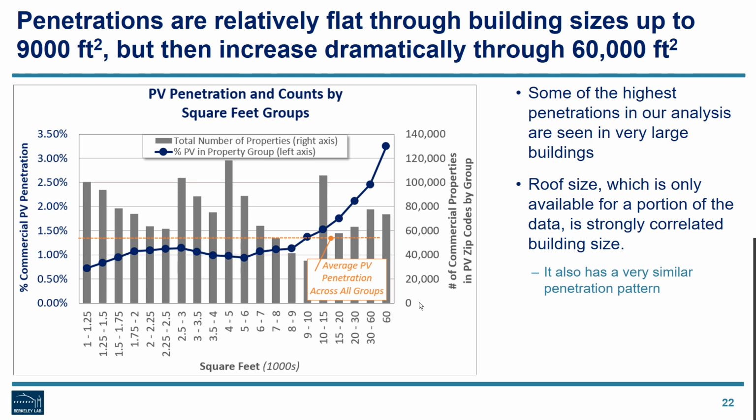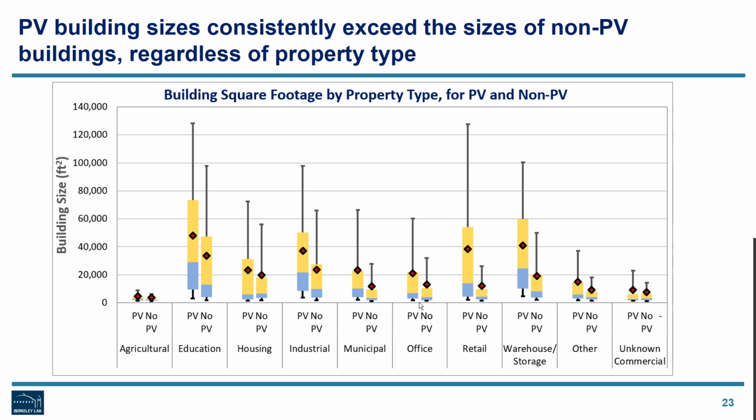No surprise when we look at that same issue, building square foot, but compare it across the various property types, we see a similar relationship. PV properties tend to be much larger in square feet than their cohort that is not PV. And this figure, I'll just describe briefly what you're looking at because you'll actually see these again and again.